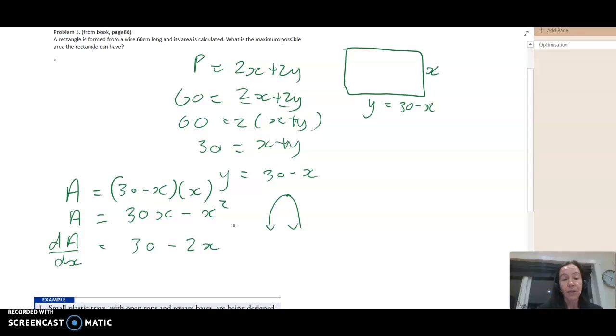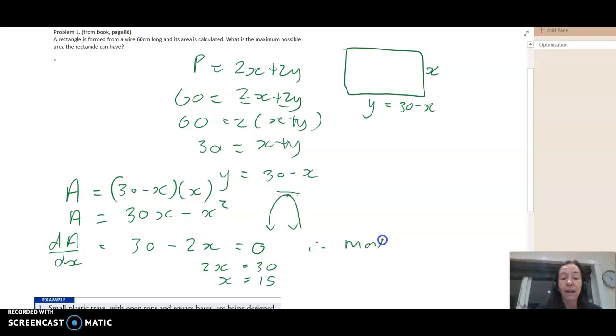And I know that it's a maximum when my derivative or gradient is going to be 0 at the top there. So I'm going to let that equal 0. So 2x equals 30 and x will equal 15.